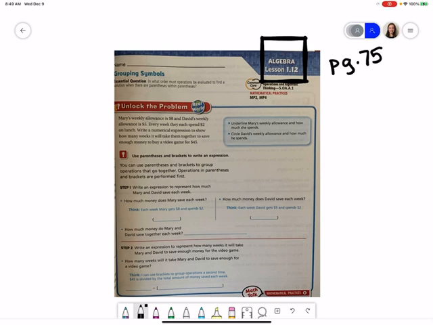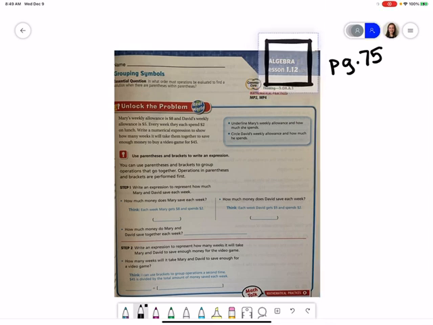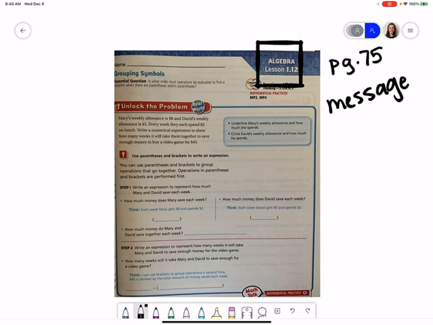If for some reason, and it's definitely okay if this is you, after explaining this you are still confused about what we're talking about, go ahead and message me on Schoology. That way I know that you're struggling and need more help, and I can help you.